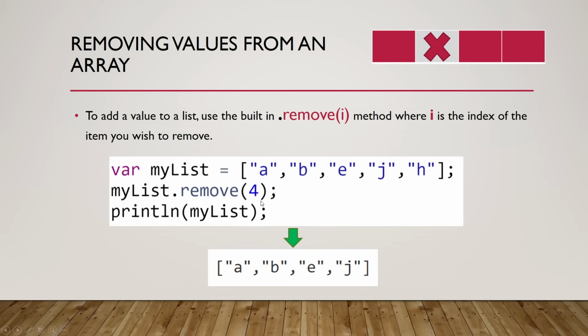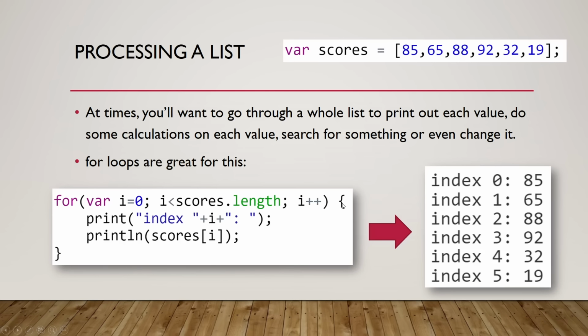It's a function, some kind of procedure that you're going to be using. The square brackets just indicate that something is a list that you're looking up, you're looking up an index. It's not a function. It's just part of the programming language. So this is how we would get rid of the fourth element, which is the H there, 0, 1, 2, 3, 4, and that's how we'd remove it.